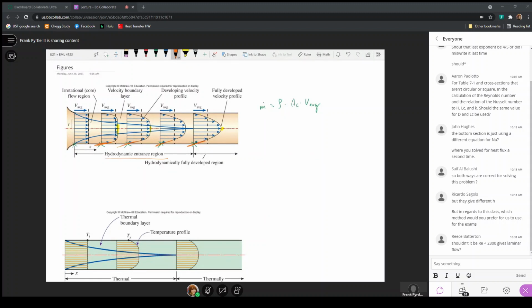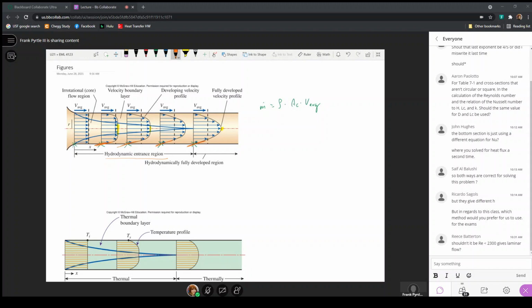But along the length of the pipe in the hydrodynamic entry region, the pressure drop does change as a function of position. So dp/dx at the beginning of this pipe is different from dp/dx along the rest of the length of the entry region, but it becomes a constant once we get to the fully developed condition.